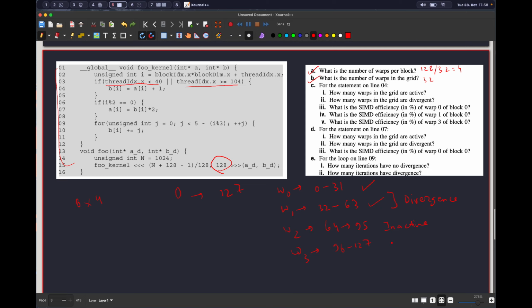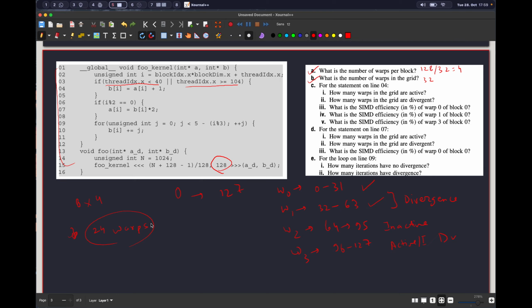It will show divergence; some of the threads will be active or inactive, but it will show divergence. So per block, for line 4, 3 warps are active. The total number of blocks is 8. So there are 24 warps that should be active in this case. I hope this calculation is correct.